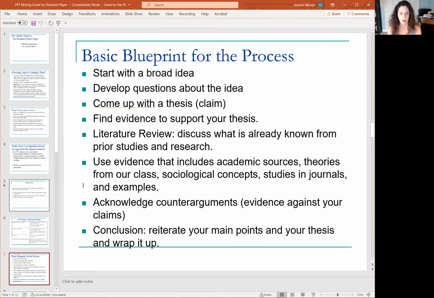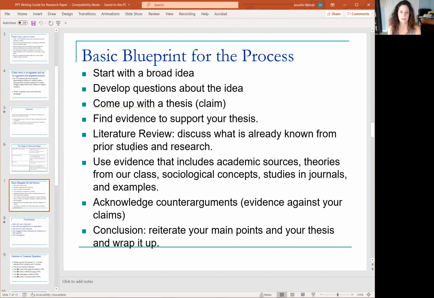All right, and then the next thing you'll be doing is your literature review. So you've got your introduction, you'll have a literature review, and you'll have theory. And you're going to need evidence not just from peer-reviewed journal sources, but also other scholarly or academic sources.